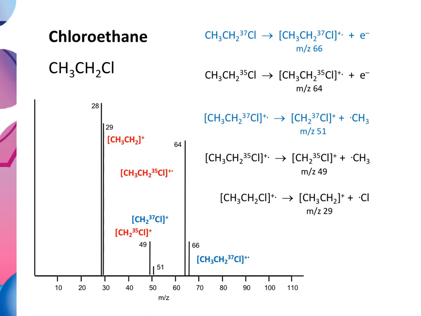If we look at our molecular peaks here, we've got the 64 and we've got the 66 due to those two different chlorine isotopes. And of course they can each fragment in their own way, which is why we get the 49 and the 51 when a methyl group is removed. And so our spectra now looks a little bit more complicated than we might have thought.